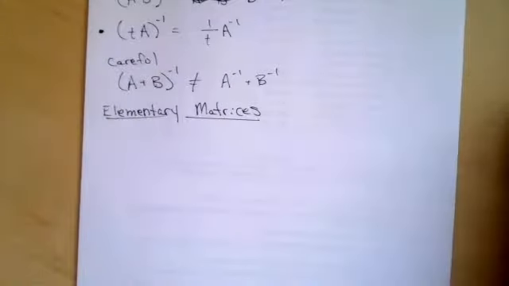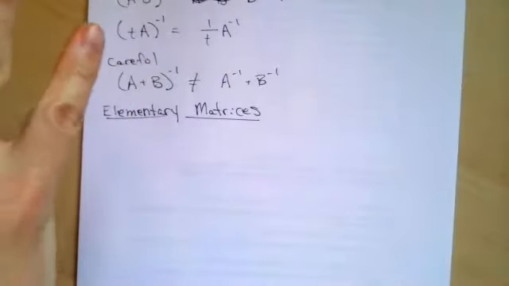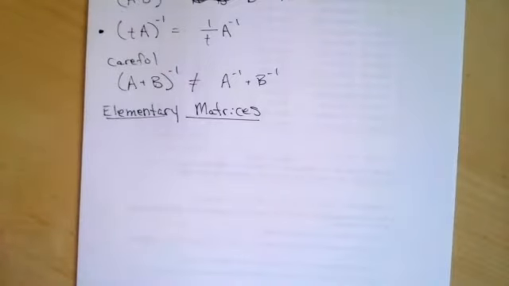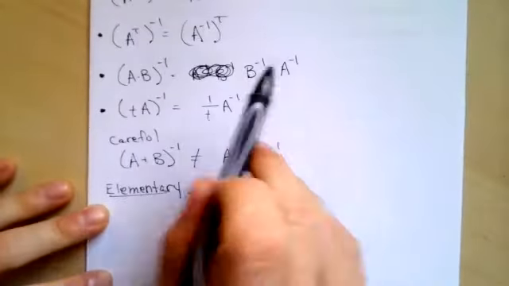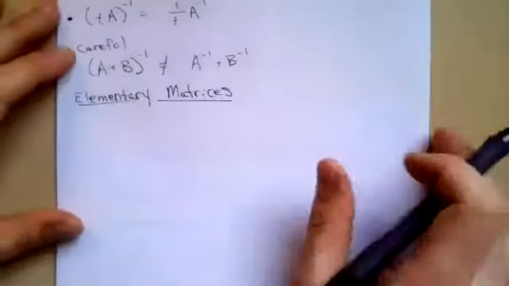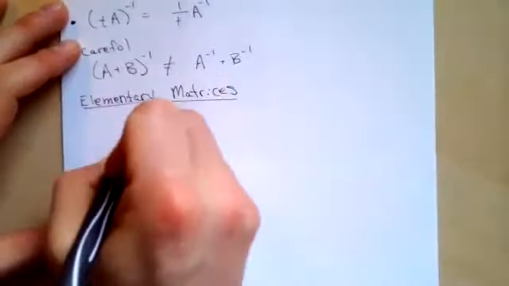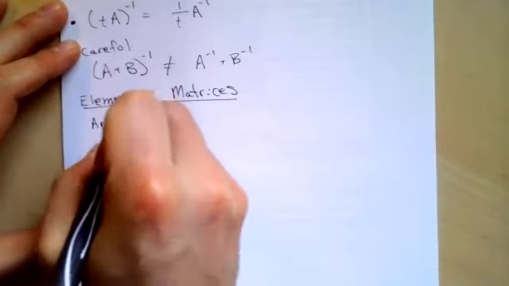When we multiply two matrices, you can kind of think of the right matrix as fixed, and then the left matrix is going to transform the right. So the left matrix, multiplying from the left, is going to act on the right. And so in that regard, elementary matrices are n by n matrices.